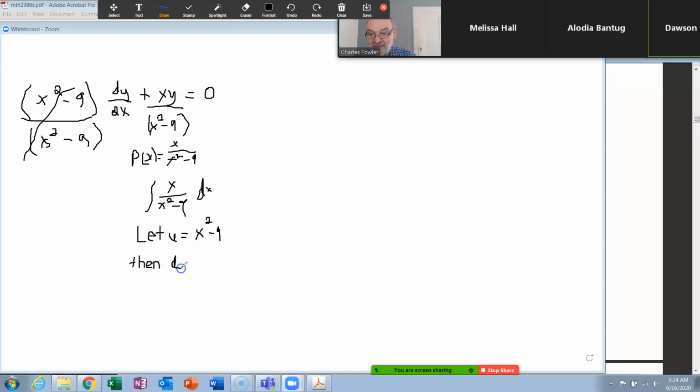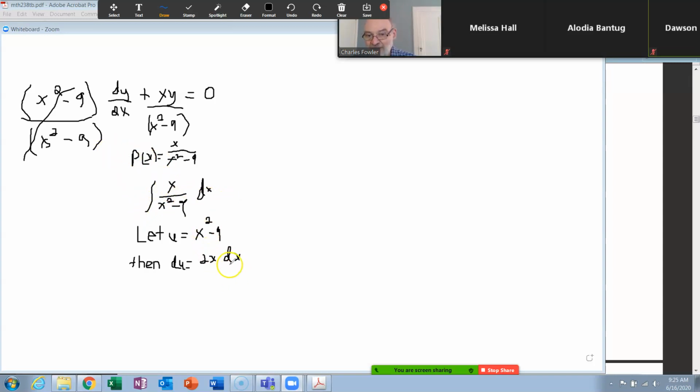du is equal to 2x dx. Now, there are different ways that different books proceed with this. I kind of like this technique, though I can't remember if this book uses it or not. Up here in this integral, you have an x dx.